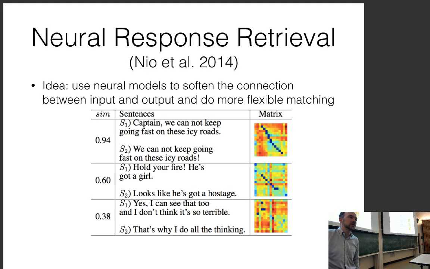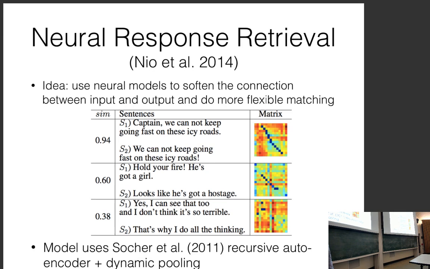Basically the idea is that TF-IDF based cosine similarity retrieval isn't flexible enough to capture more complex patterns. So we took a paraphrase recognition model and applied it to calculate the similarity between the utterances. And this did a better job than regular cosine similarity. It used a model based on recursive autoencoders and dynamic pooling to do so.